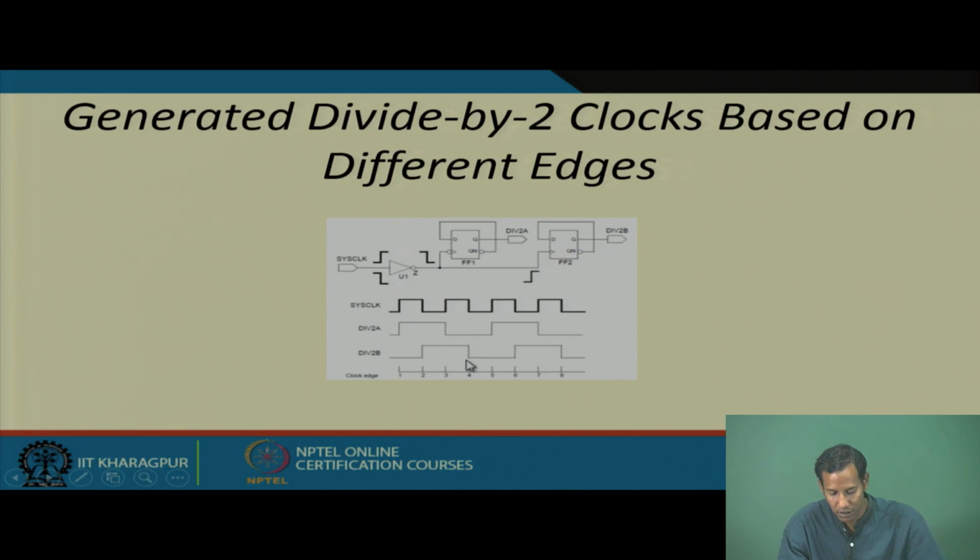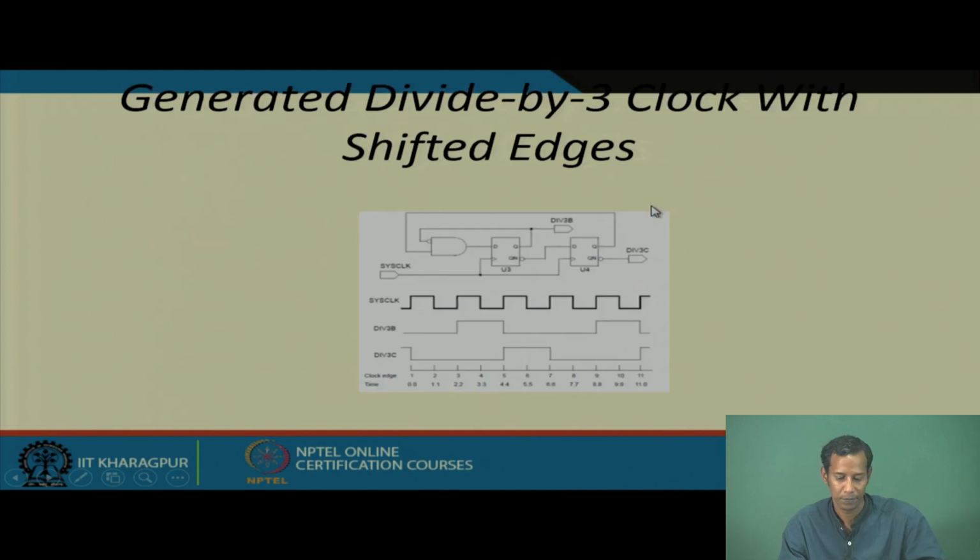So at the negative edge it creates the corresponding divide by 2 clock.